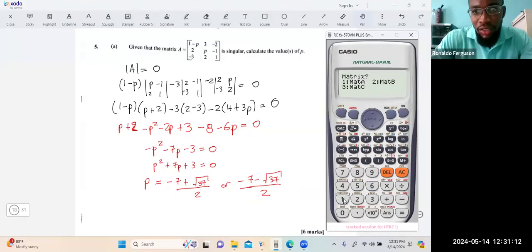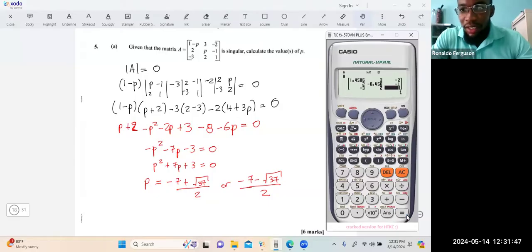Now I can go to matrix. So I have 1.4586 there, I have 3 there, I have negative 2 here, I have 2 here, I have my answer there, I have negative 1 here, I have negative 3 here, I have 2 here, and I have 1 here.